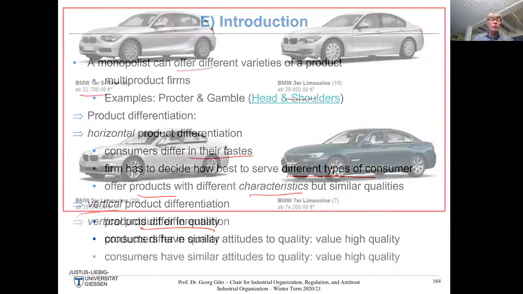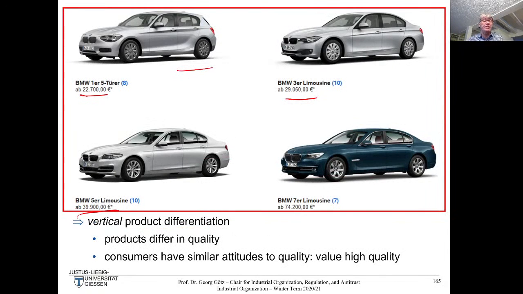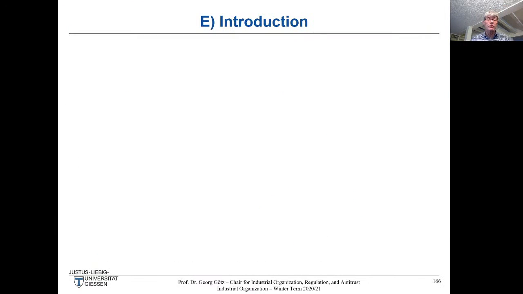The other point, what I already discussed at some length, is what is called vertical product differentiation, with this different series of the BMW, where we have products which differ in qualities, and all consumers would say, yes, the 7 Series BMW is a higher quality than a 1 Series BMW.